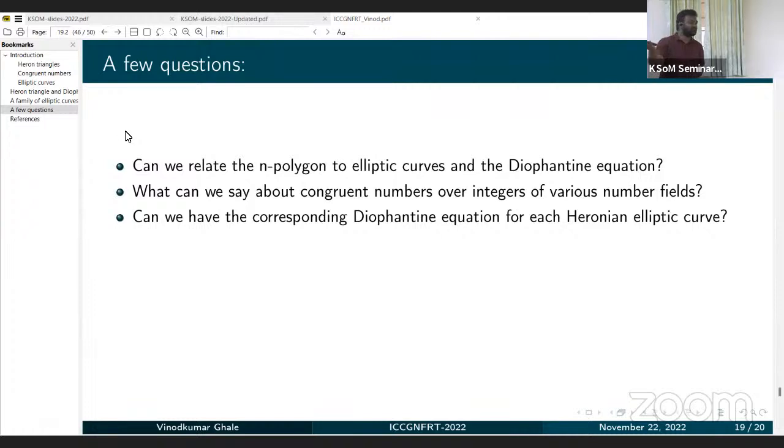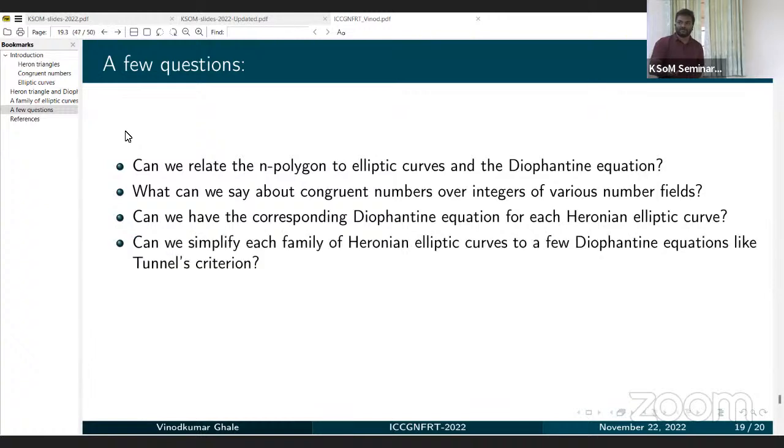And as we have the Pythagoras theorem and what we work for other families, can we have a corresponding Diophantine equation for each Heron triangle? Like what Tunnell did, for theta equal to 90 degrees, can we have the same criteria, simplifying to some Diophantine equation for other Heronian elliptic curves?